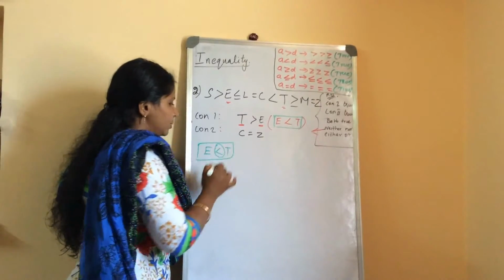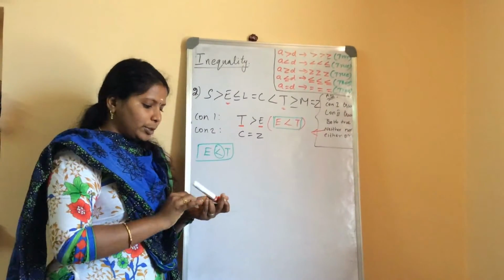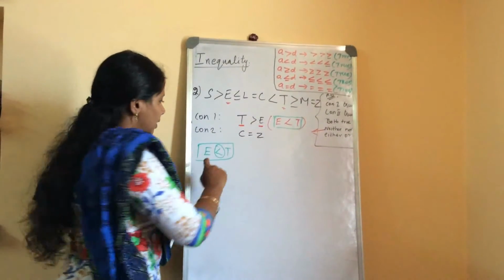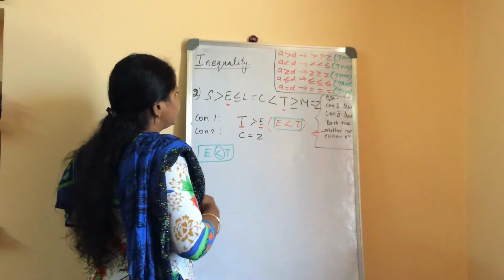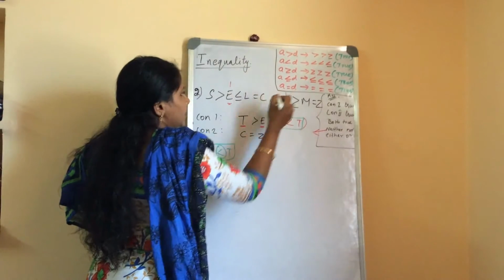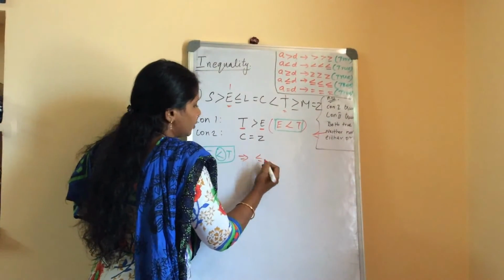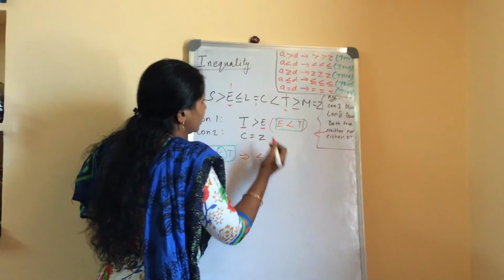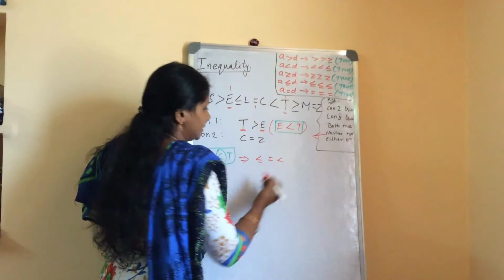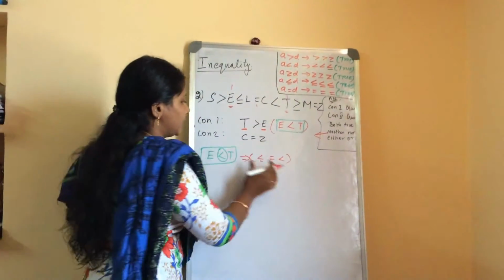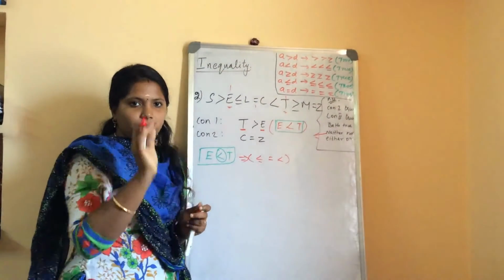This less than symbol means rule number 2. Rule number 2 says it should always go with the less than symbol. Let's see. E is here, T is here. Let's write all the symbols: less than or equal to, less than. From the statement we got these symbols.